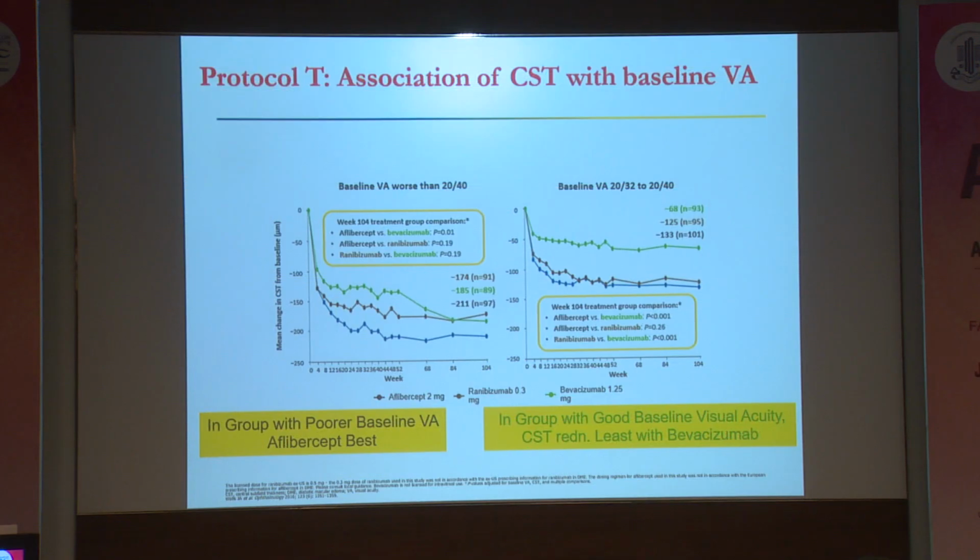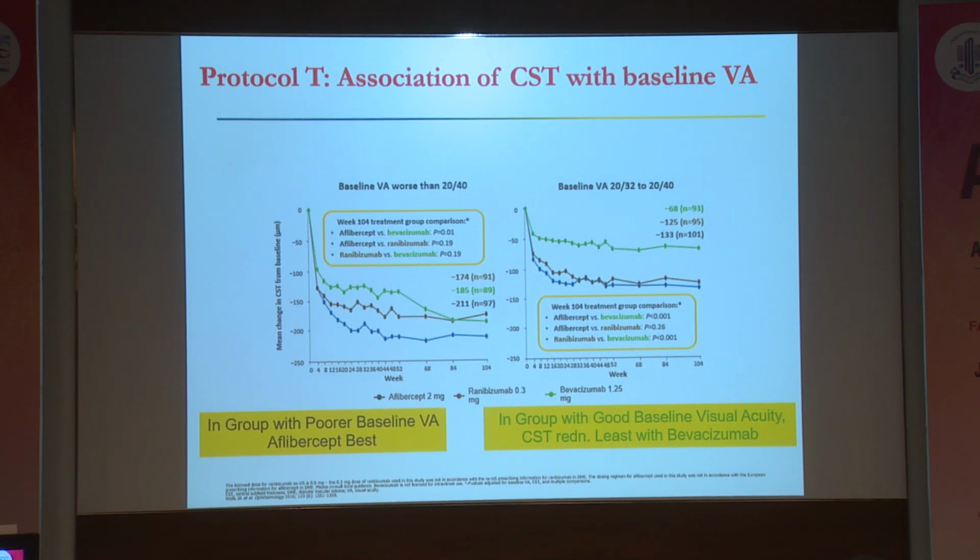But if you've got patients with poorer baseline visual acuity, in that group, aflibercept is definitely better than the other 2 drugs. But in patients who had very good vision, keep in mind, bevacizumab does not do as well as ranibizumab or aflibercept.